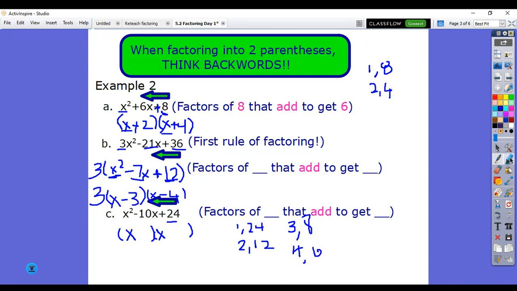There's only one that adds to get 10. 4 and 6. That's why if you always list the factors out, your answer's there somewhere. So 4 and 6. When I multiply, I get a positive 24. But when I add, it's a negative 10. So negative 4, negative 6.